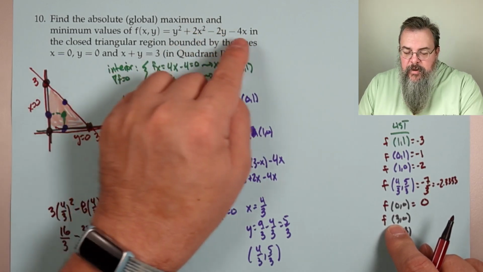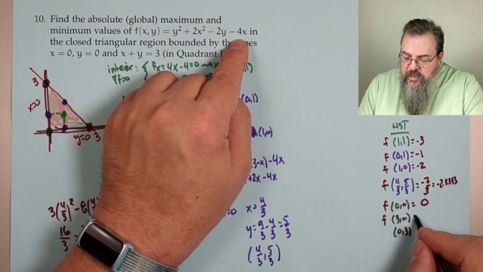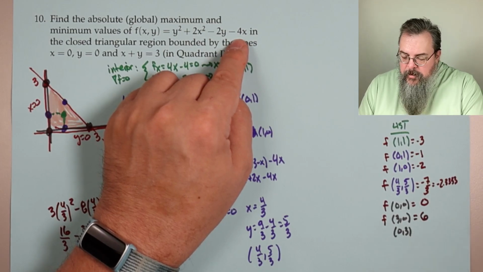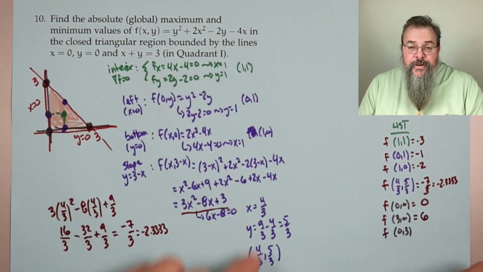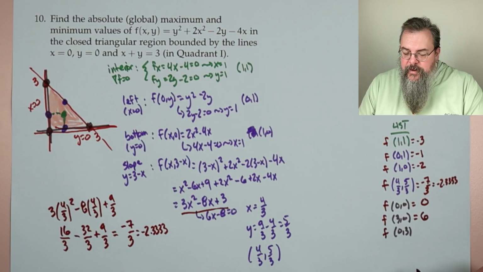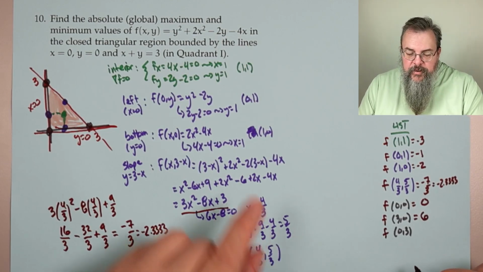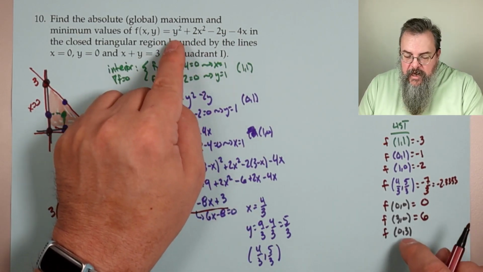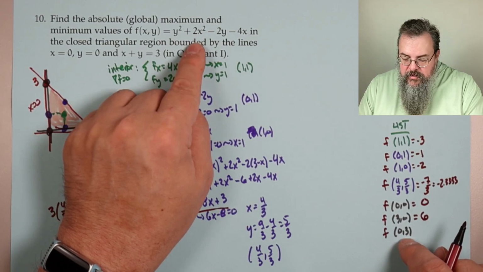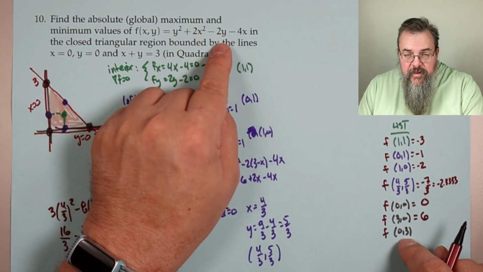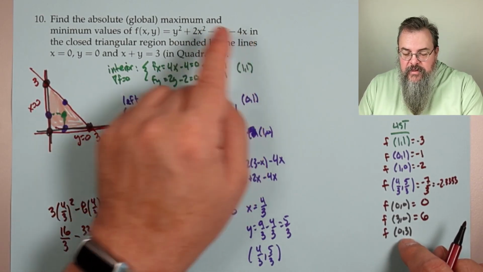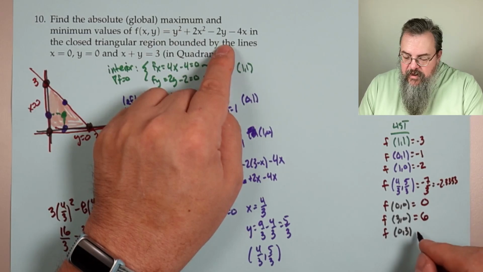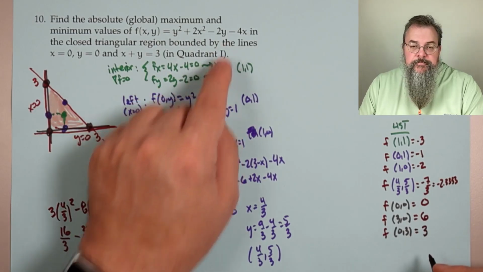So it's going to be 18 minus 12, which is 6. Okay, 0, comma 3. Everywhere there's an x, put a 0. Everywhere there's a y, put a 3. So you're going to have 9 and 0 minus 6, 0. So it's 9 minus 6, also known as 3.